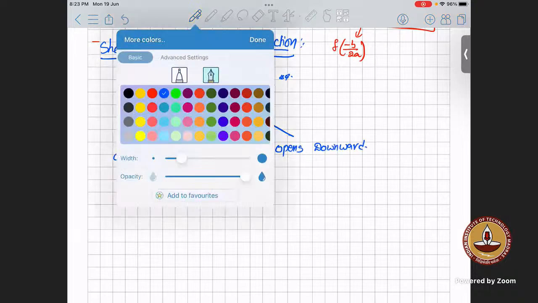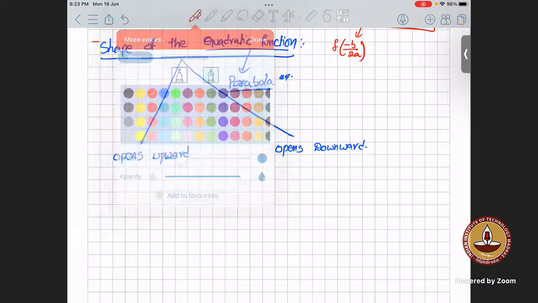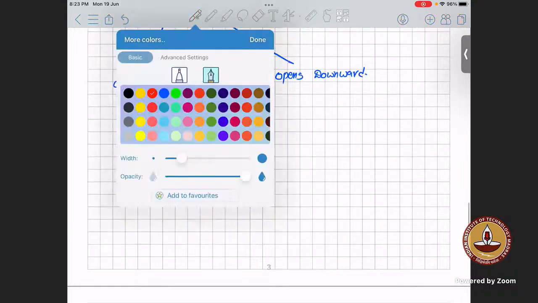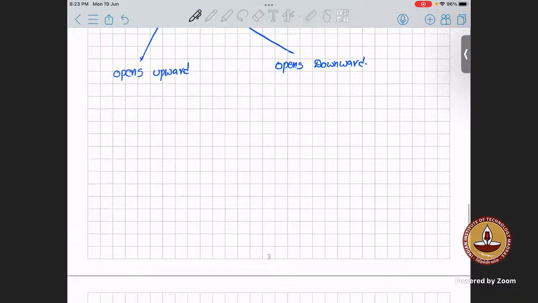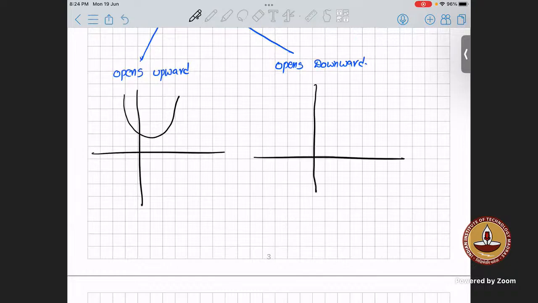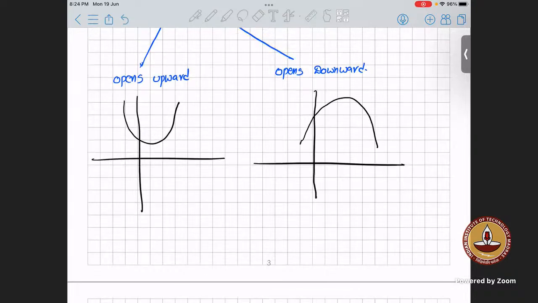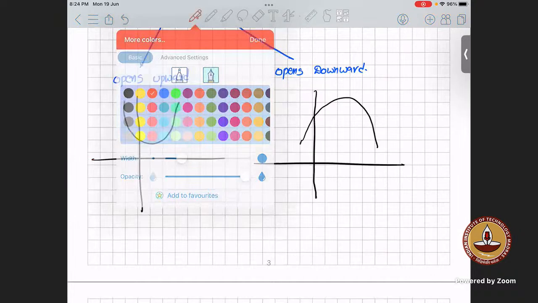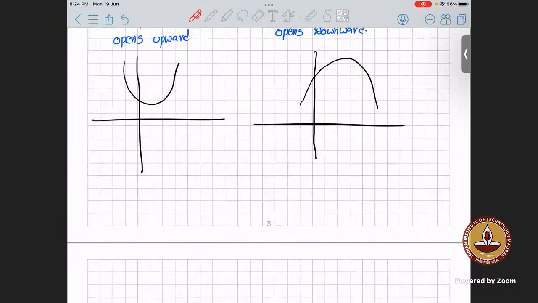I will draw a rough sketch of the graph. Similarly, like this. This will be downwards. Look at this graph carefully.